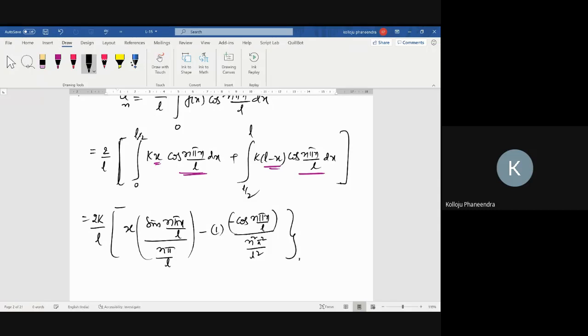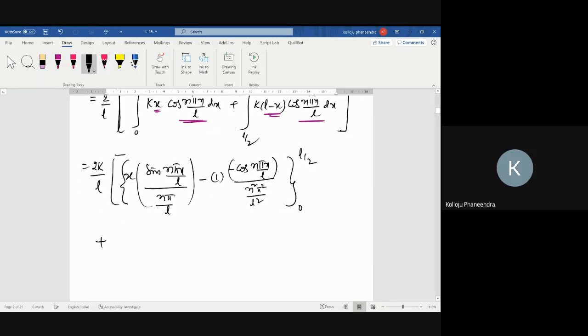This entire thing between limits 0 to L by 2. This is the first term. Coming to the second term, plus the L minus x part as it is.